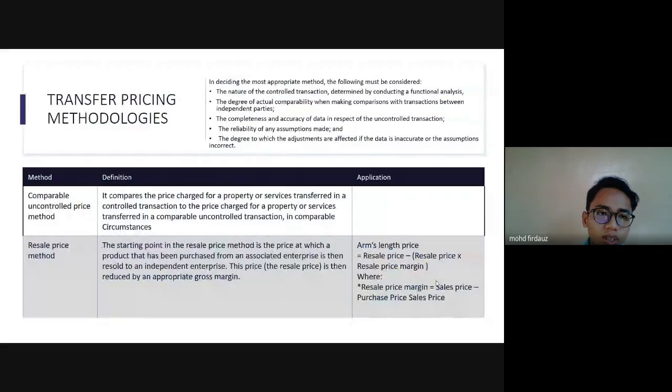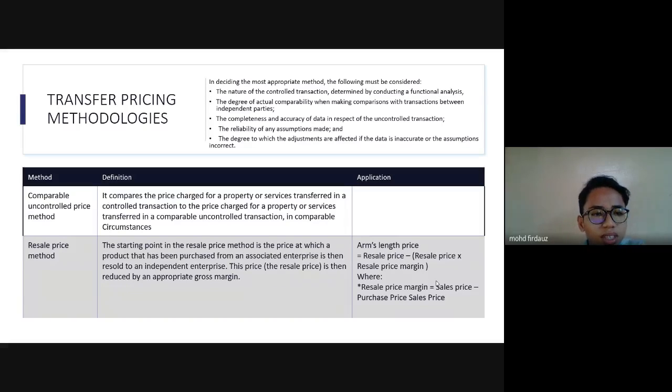For the transfer pricing methodology, before a method is used, the following must be considered. Basically, if you want to use the transfer pricing methodology, we need to ensure that all the data is accurate and can be determined.